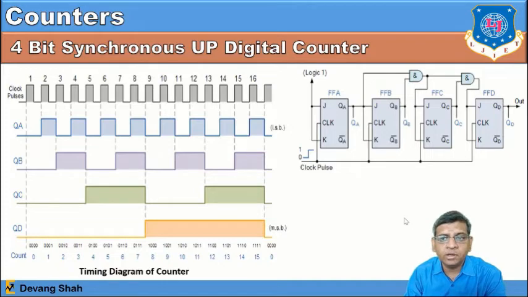The inputs are QA and QB, and that ANDed output we are going to connect to the third stage JK flip flop. In the same way, the outputs QA, QB, and QC are ANDed, and that output we are going to connect with the fourth stage of the JK flip flop.